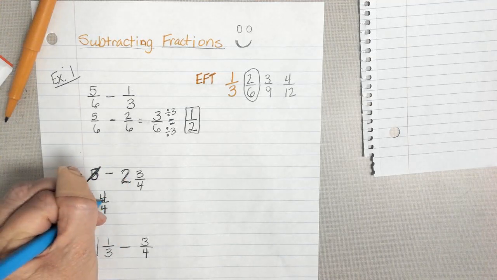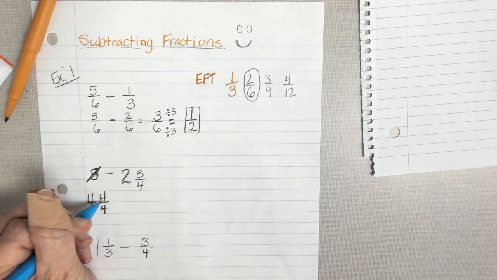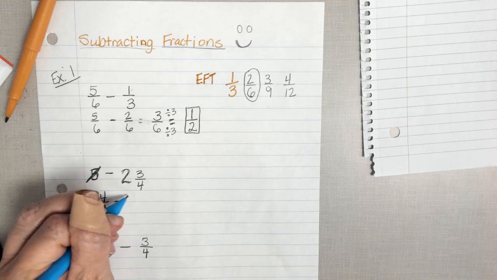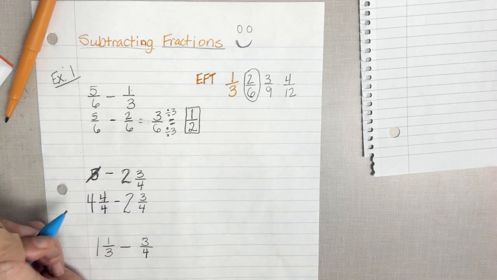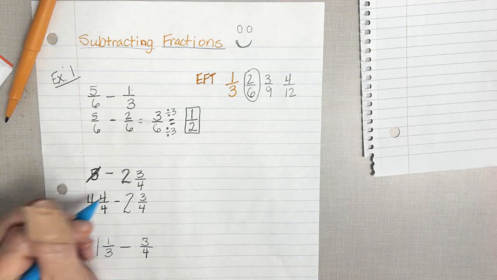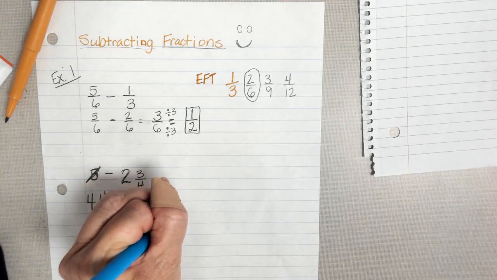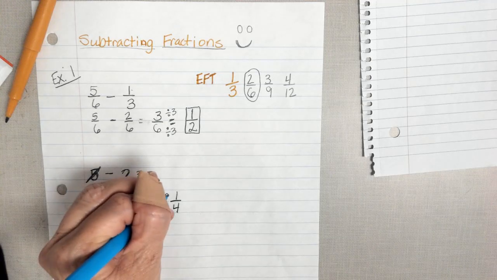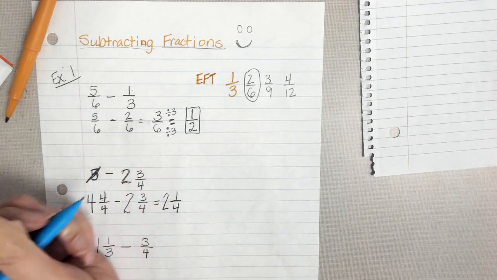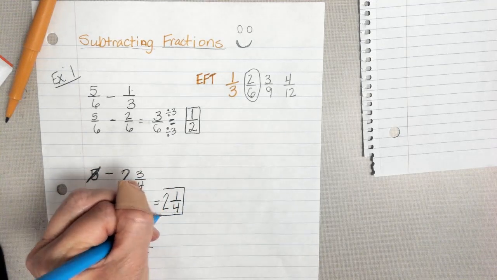So 4 and 4/4 is actually the number 5. But now that we have a fraction amount, we can slide 2 and 3/4 right underneath, and then we can subtract. So 4/4 minus 3/4 is 1/4, and 4 wholes minus 2 wholes is 2 wholes. So our final answer is 2 and 1/4.